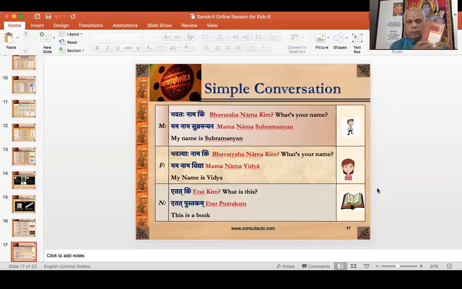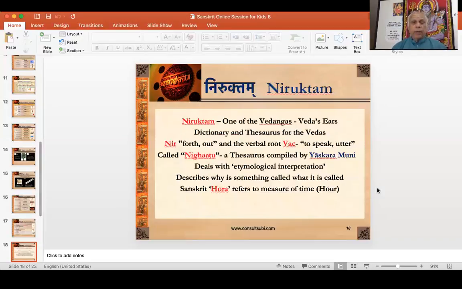What is this? Etat Pustakam. This is near, Etat Pustakam. This is a book. So Bhavataha Nama Kim, Bhavatyaha Nama Kim, Etat Kim. It's a simple conversation. Okay?